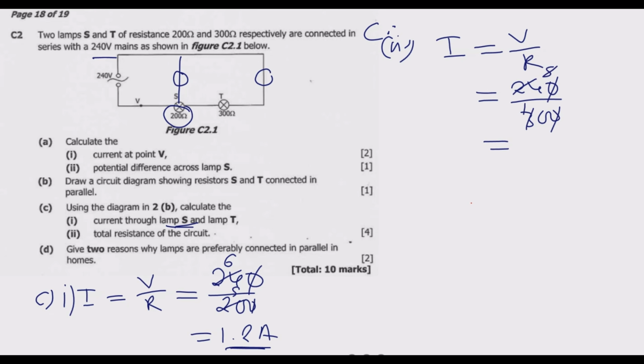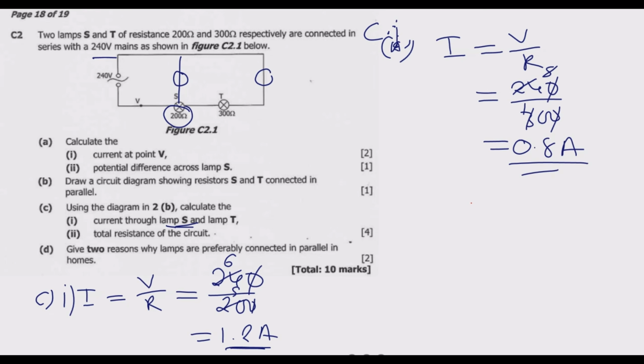So we do 10 into 8, we get 0.8 amps through T. So through T is 0.8 amps. So this is still C1.